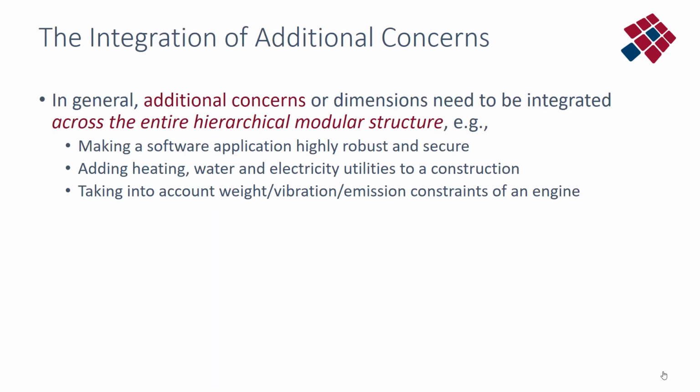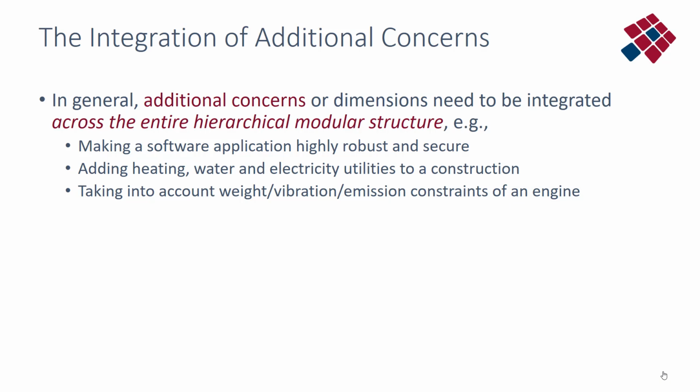Now, in addition, and that's very important, you always have in modular structures or architectures, like productions, artifacts, manufacturing, software, cough syrups, chairs, cars, you don't only have the main structure or the main hierarchical structure or dimension, you have other dimensions, other concerns that need to be integrated across the entire hierarchical structure.